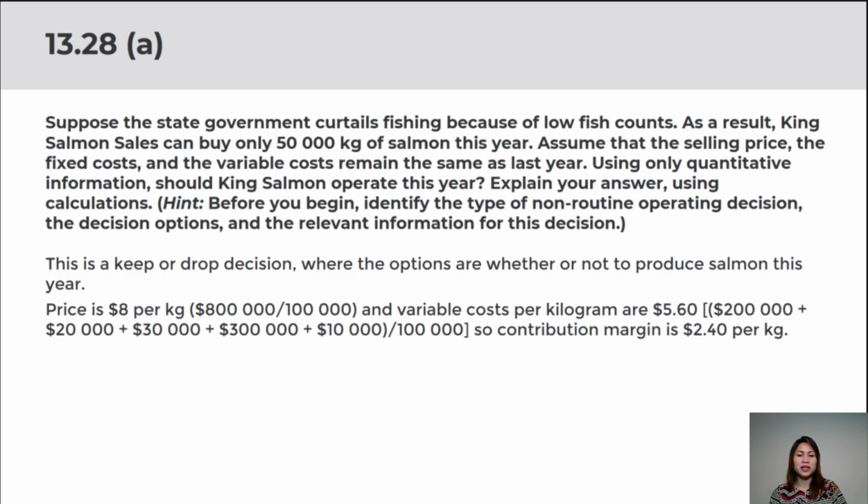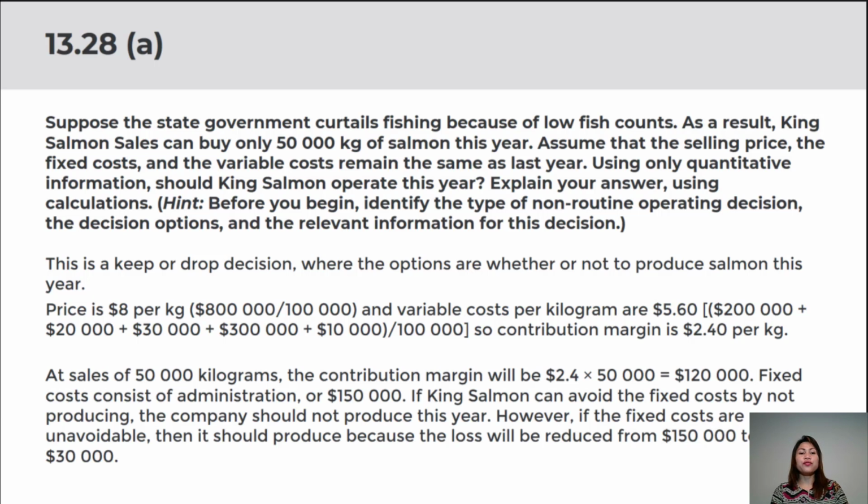So contribution margin is the difference between price and variable cost per kilogram, equal to $2.40 per kilogram. Remember, admin cost is fixed cost. Hence, you don't need to include that in this calculation because it's irrelevant.